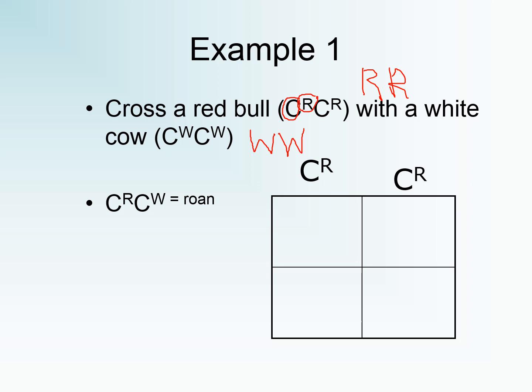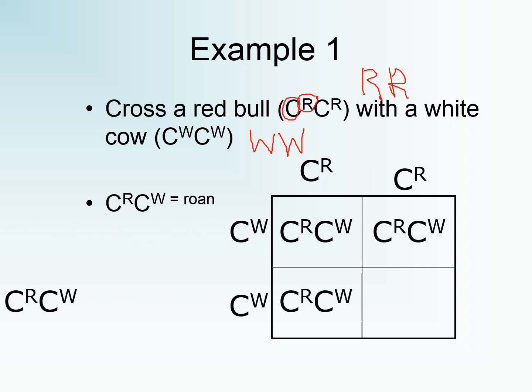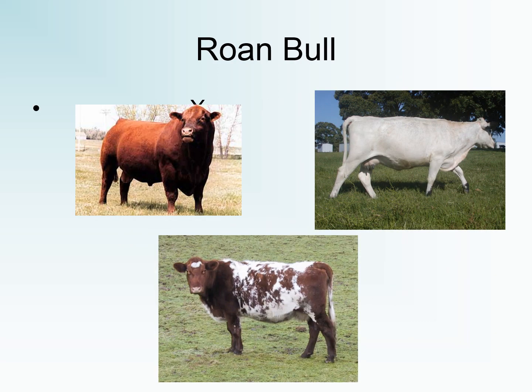There's the genotype for the red bull, there's the genotype for the white cow, and all the offspring are going to be represented as big R, big W. Either way works. Roan is a special color they call cows when they have a combination of both white and red hairs. So this is the bull crossed with the cow, and this is the roan colored offspring right here.